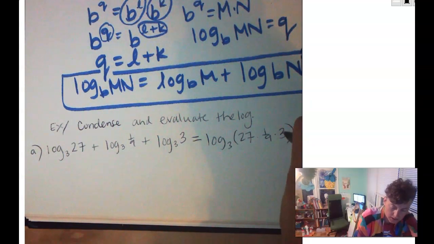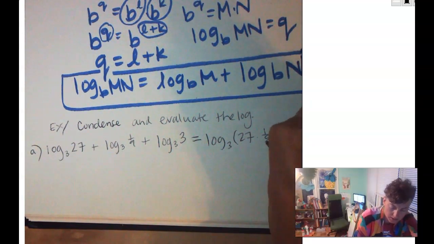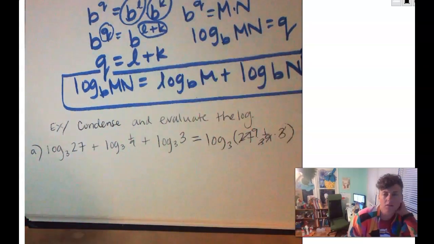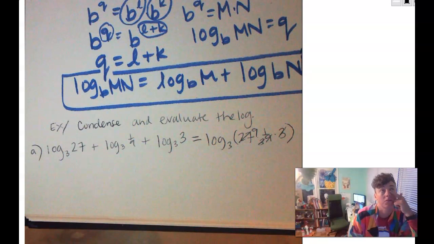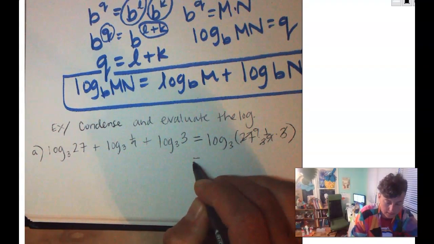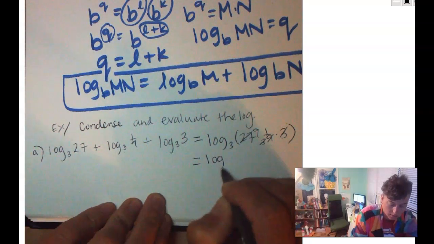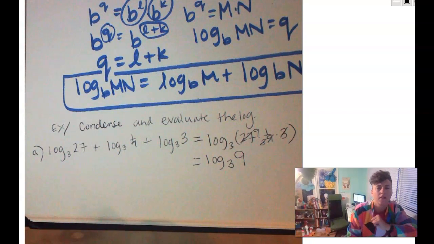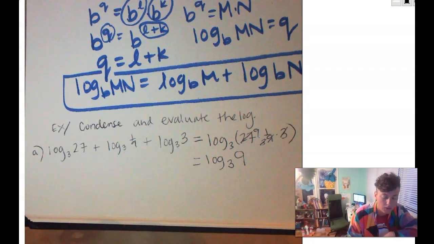So that becomes 27 times 3 divided by 9. 27 times 3 is 81, divided by 9 is 9. Perfect, yes. So we get log base 3 of 9 when we condense it. Now we're going to evaluate that.